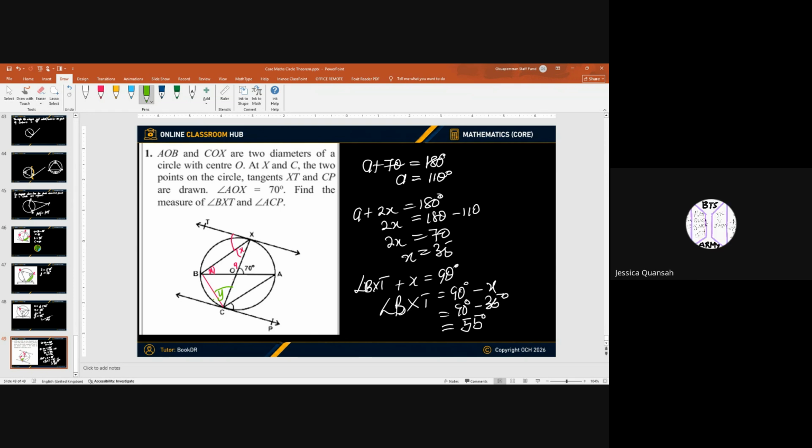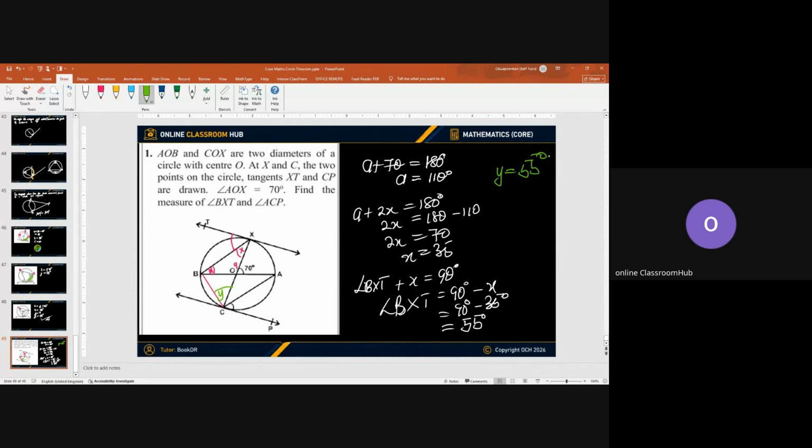Y is A divided by 2. And the A is 110, isn't it? Yes. So that will be 55. So Y is equal to 55. Good.